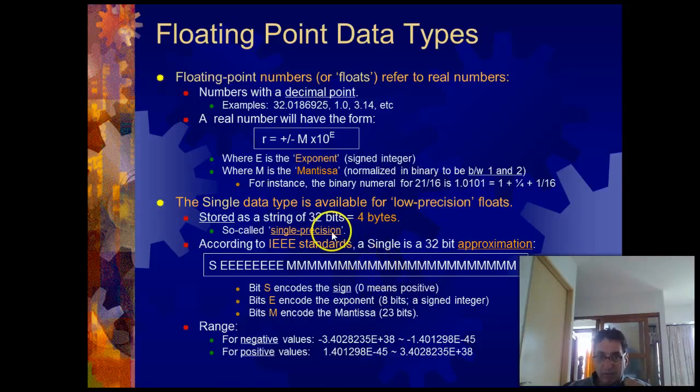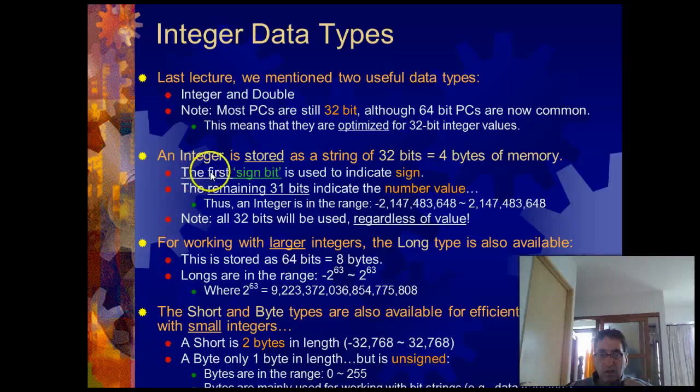So let's go back to that. The first bit is called the sign bit, and that's used to indicate the sign. The remaining 31 bits indicate the number value. So we have the sign and the number value. Thus, an integer is in the range from here to here, and we need to store that in 4 bytes, I think.